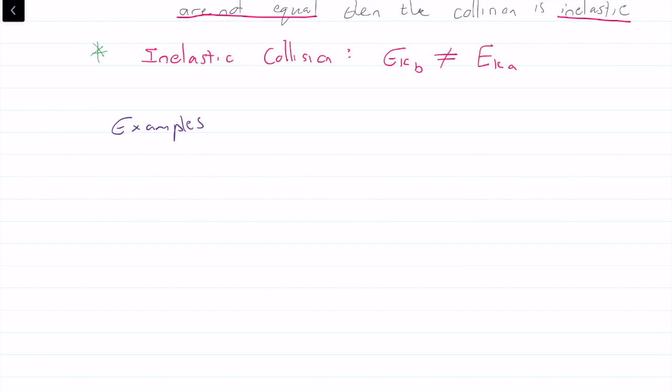So, examples. Let's say that we have a bouncing ball that has the following velocity time graph.